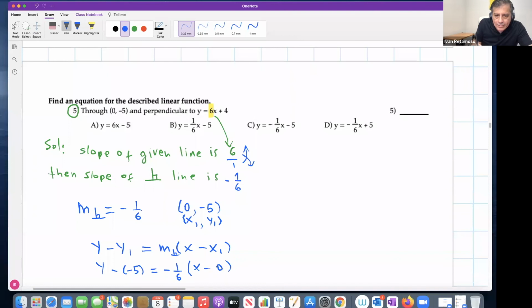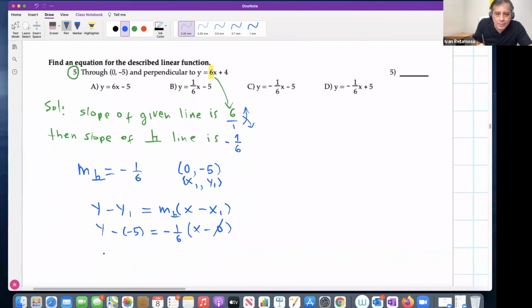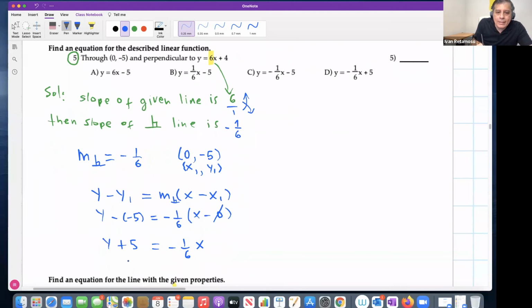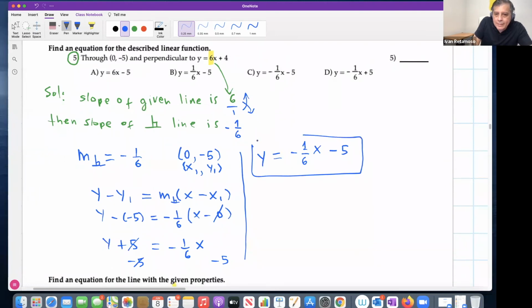This is a nice number, 0, because it disappears, right? So y minus and minus plus 5 equals minus 1/6 x. Subtracting 5 on both sides, you're gonna get here that y is just equal to negative 1/6, the slope, times x minus 5, right?